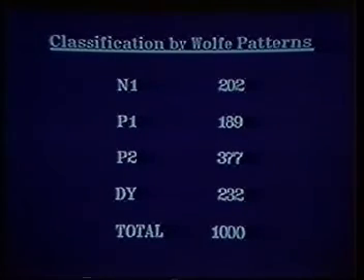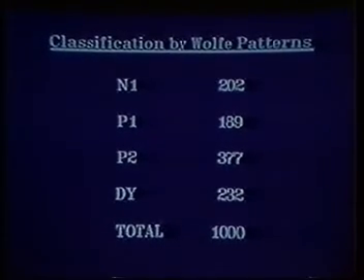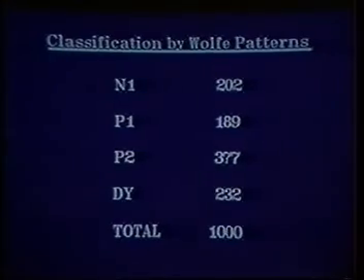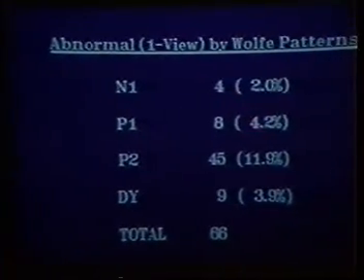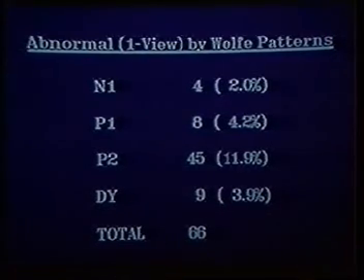There is a slide here which should be dropping as well. When you look at the Wolfe pattern analysis in the same 1,000 patients, you find a similar breakdown. But in looking at abnormalities by Wolfe classification, you see that this neat, progressive increase in finding abnormal exams does not pertain.